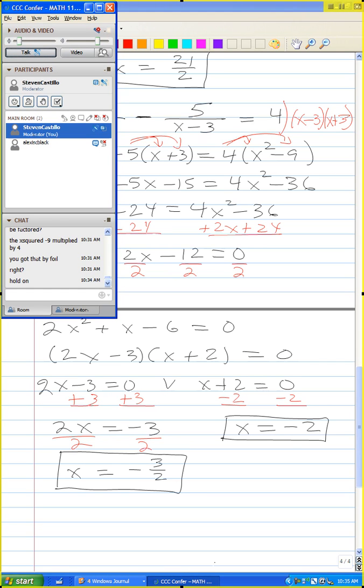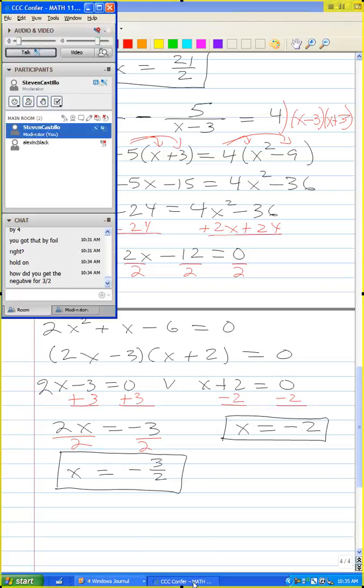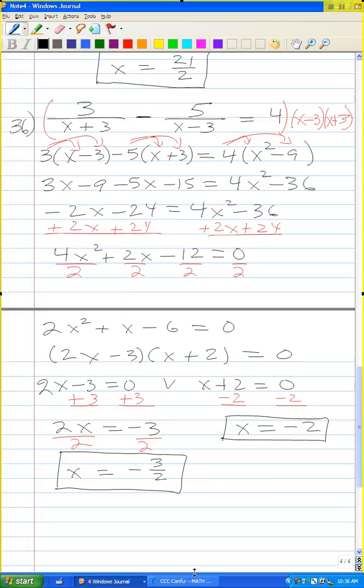Oh, sorry. How'd you get negative 3 halves? Oh, okay, so I set 2x minus 3 equal to 0. That's why. Positive 3 halves.